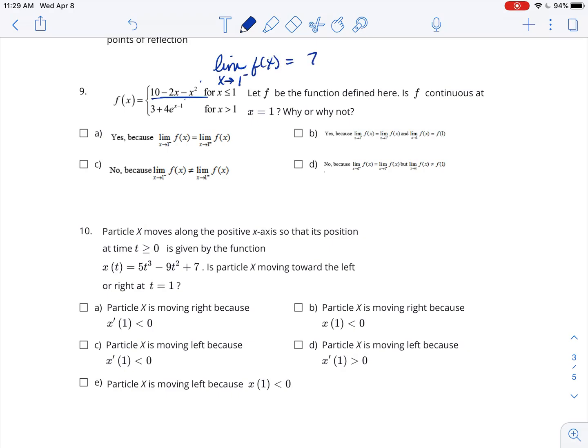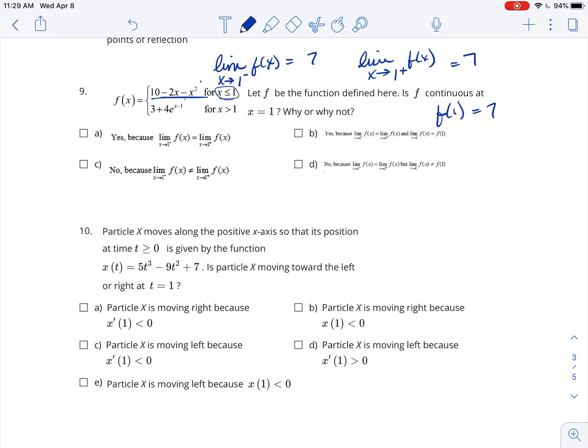So the limit as x approaches 1 from the left of f of x is equal to 7. And the limit as x approaches 1 from the right of f of x is going to be e to the 0, which is 1, so that's also 7.